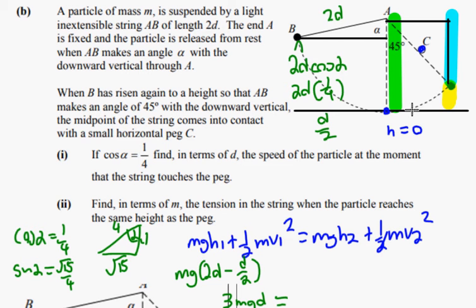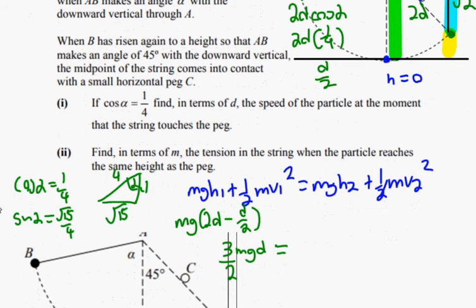So the blue length is, that'd be 45 degrees. That's the length 2d from here to here. Everybody happy with that being 2d? So what does that make the blue length? 2d over root 2. Okay? 2d over root 2.